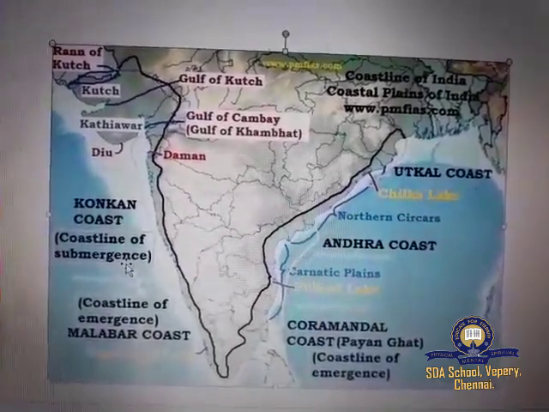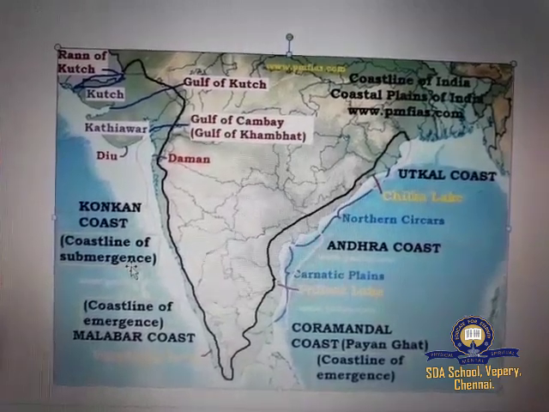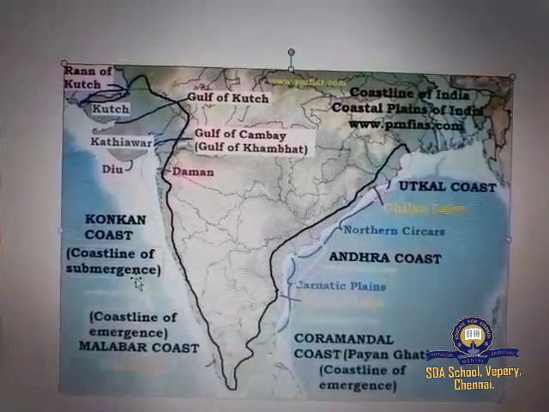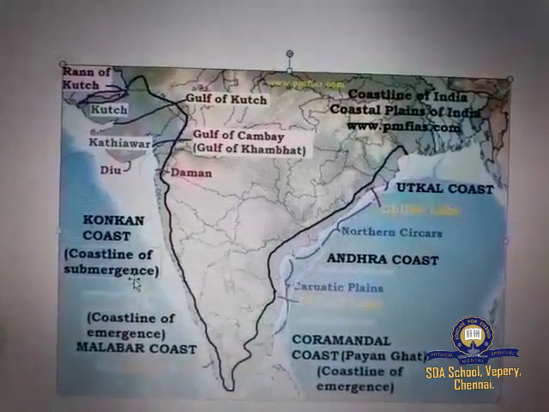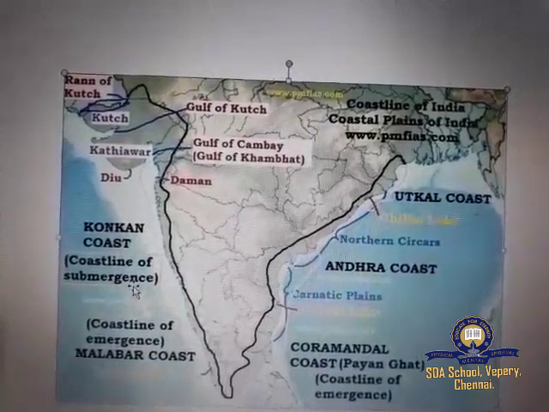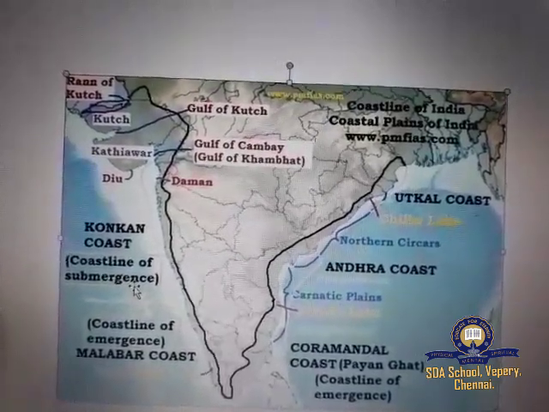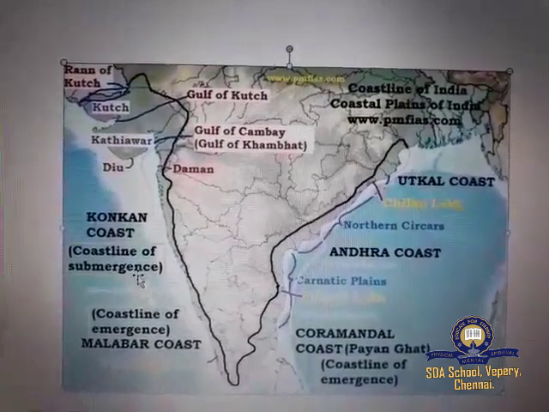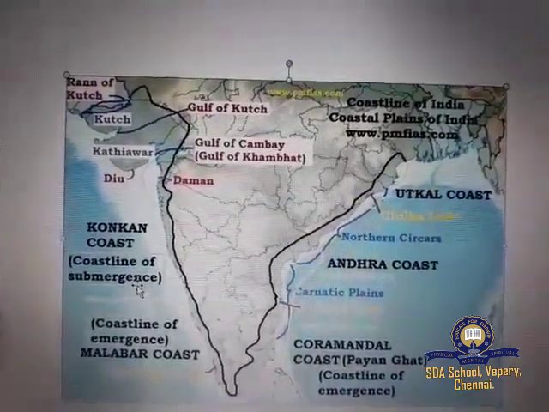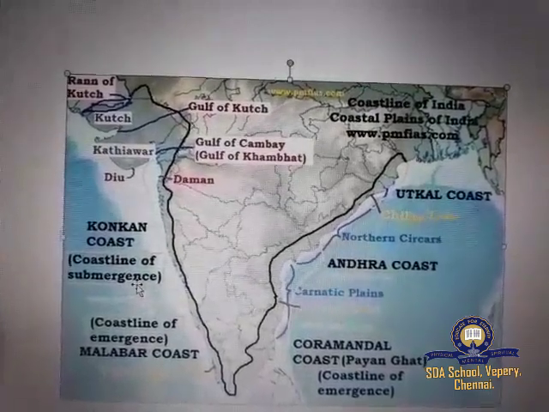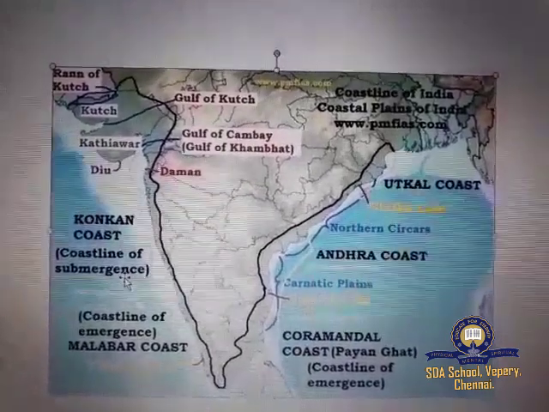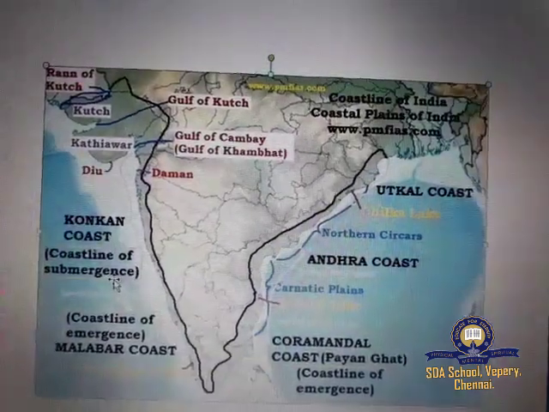The northern part of the western coastal plain is known as Konkan plain. The middle part of this plain is known as Kanara. The southern part of the plain is known as Malabar coast. Along the coast, there are numerous shallow lagoons and backwaters called Kayals and Terries. Vembanad is a famous backwater lake found in this region.